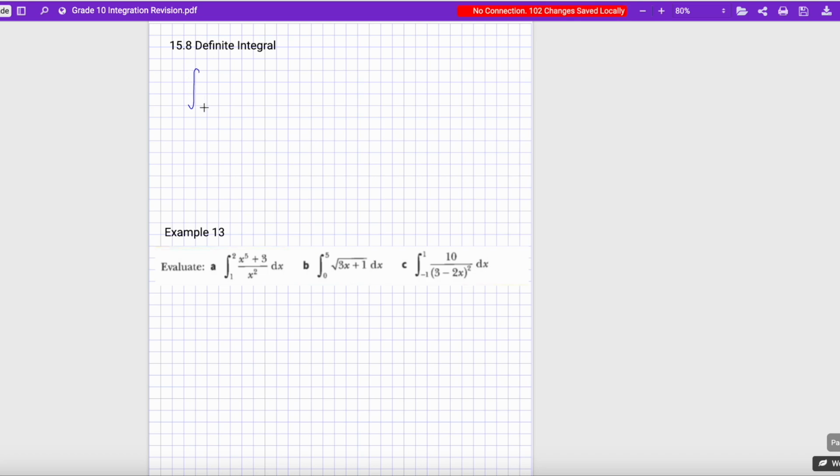Assuming we are going to integrate a function f(x) dx, and we want to integrate it from a to b. Basically when you're doing definite integral, you're finding an integral from a point to a point.